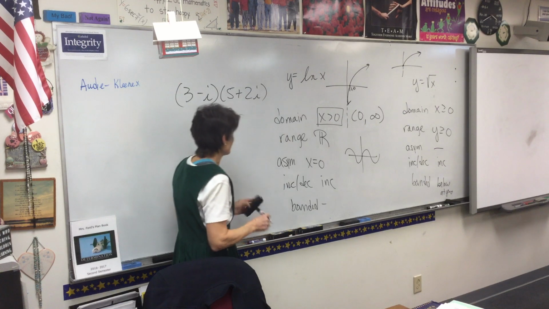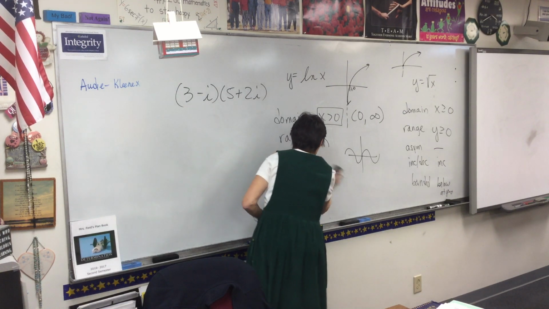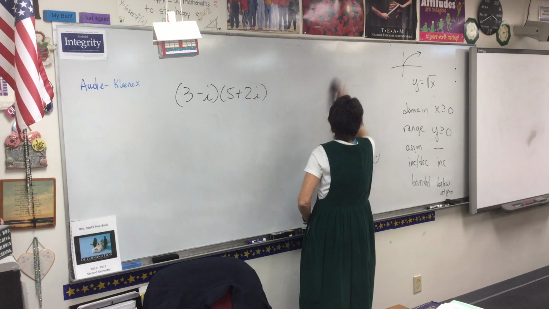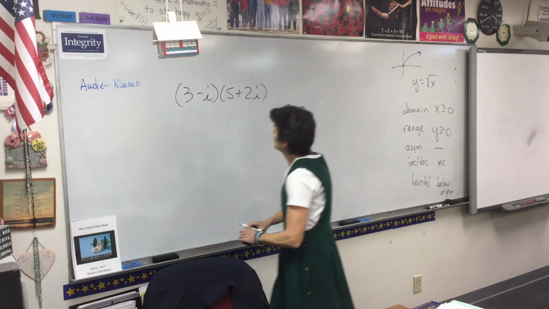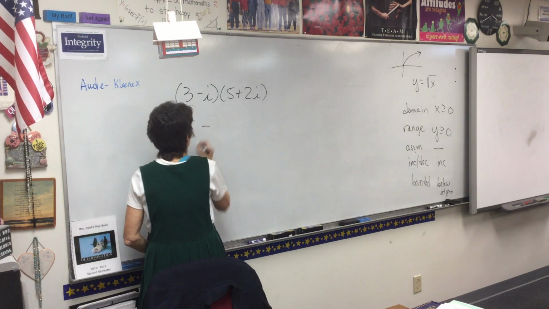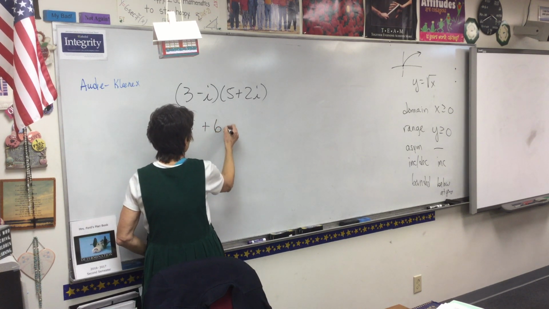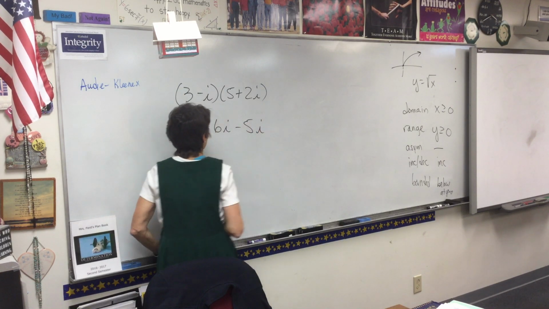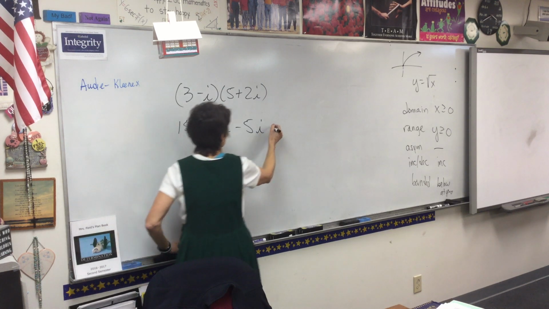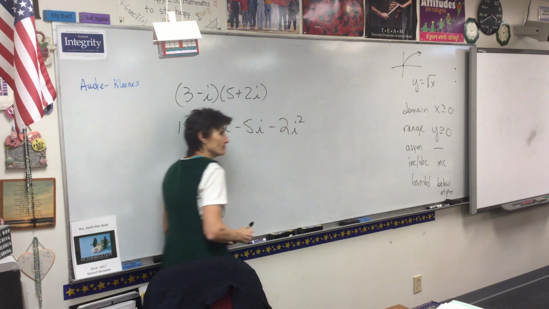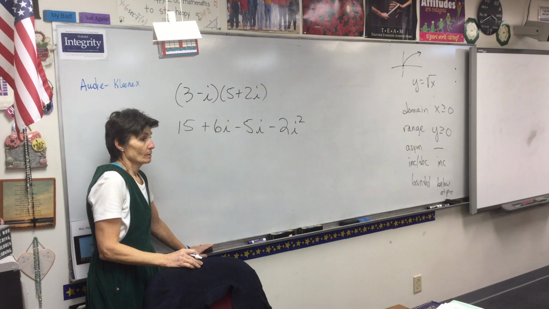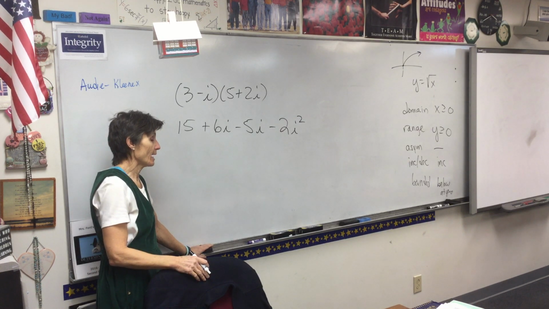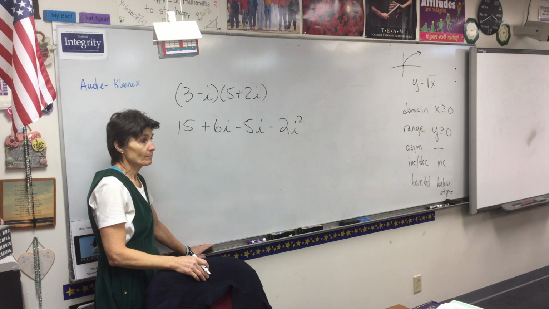When you have to multiply two complex numbers, like these two, you just FOIL them. So first would be 15, outside would be 6i, inside would be negative 5i, and last would be negative 2i squared. So I'm just going straightforward: first, outside, inside, last. Right?